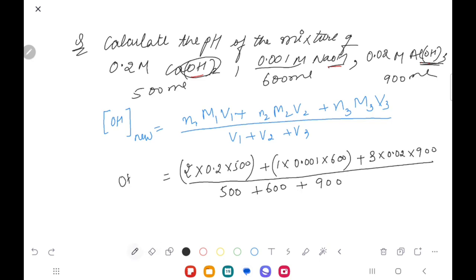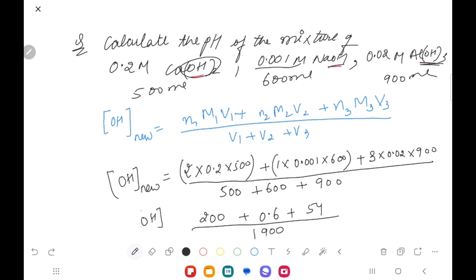And this is going to be OH new. Just solve this. So I'm going to get 20 into 5, 100, 100, 200, plus I'm going to get 0.6 and 18, 354 over 1900. So this is going to be my new OH ion concentration, and that would be 254.6 over 1900.